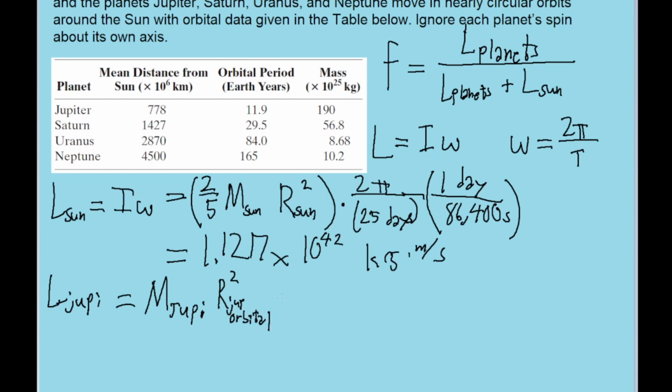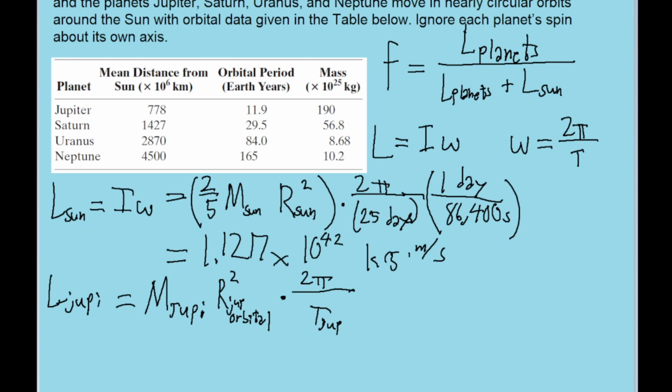And then we multiply that by 2 pi divided by the period of Jupiter's orbit, which is given to us in the little table. We just need the mass of the planet, the orbital radius of the planet, also known as its mean distance from the sun, and its orbital period.